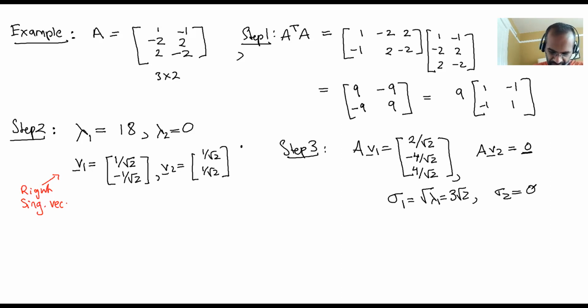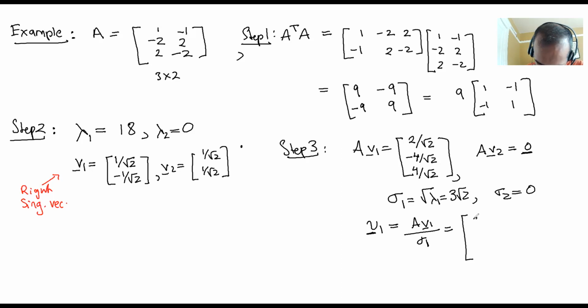Okay, so now to compute the left singular vector, I have to normalize. So this is A V1 divided by sigma 1, so I have to divide this by 3 square root 2.